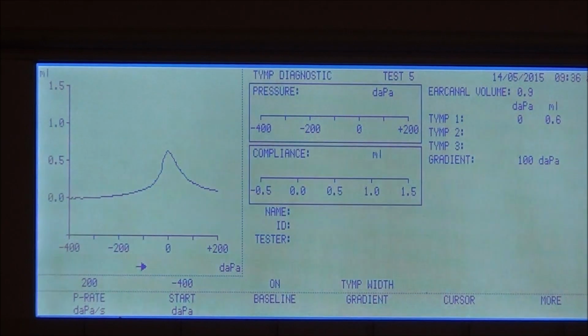Okay, and you can see the compliance. What is the compliance value? 0.6, right? Okay, so how did the 0.6 come? Maximum admittance.